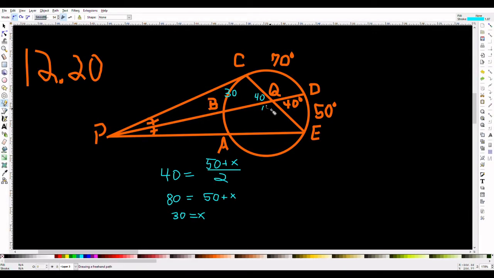I know this is 140 degrees, because the straight line is 180. And I can do the same process that I did here. 140 degrees equals 70 degrees plus BAE over 2.